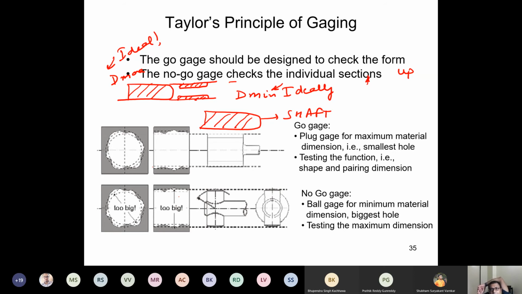Any ideas? A hole-like gauge. A hole-like gauge for a shaft, which will be what? Any example?